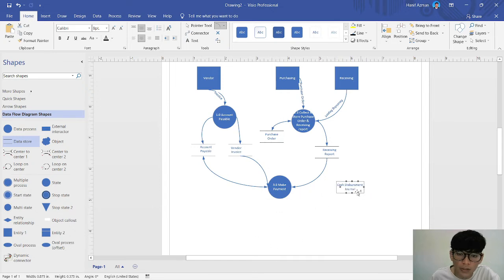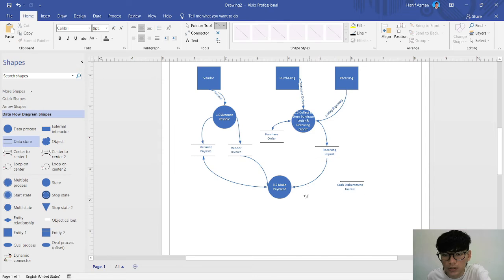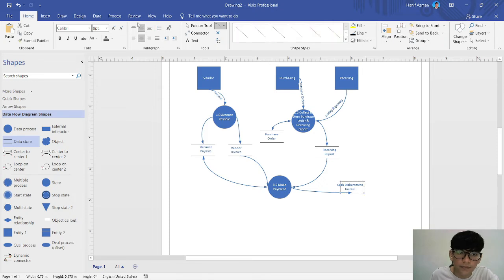Make payment sends to the cash disbursement journal. Alright.